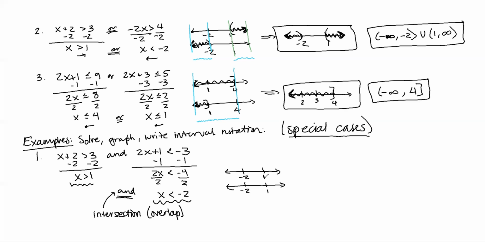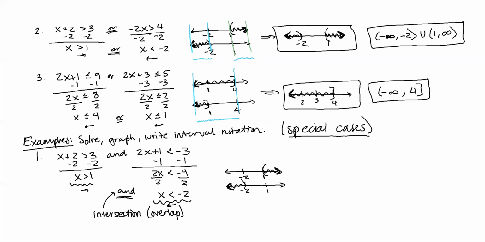-2 on the left because it's smaller, 1 on the right. Now, x is greater than 1. We're going to have everything to the right of 1, and it's going to be a parenthesis. And everything to the left of -2 because it's less than -2 with a parenthesis.